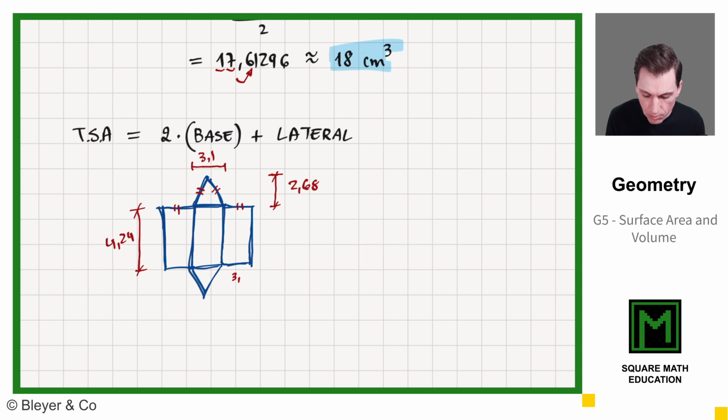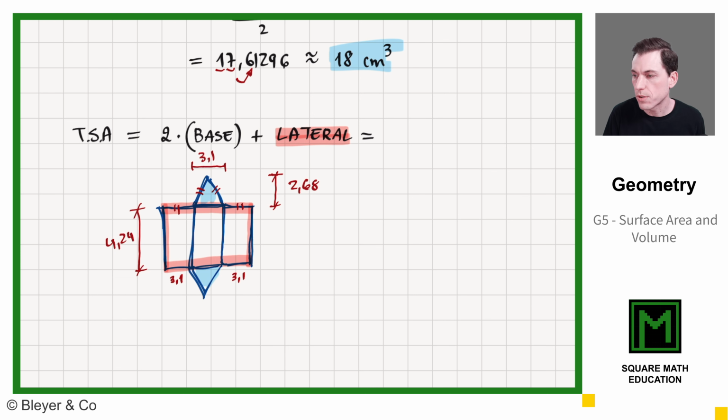So this is also 3.1, 3.1. In a similar way as we approached the rectangular prism, we are going to make a big lateral, looking at all these 3 faces combined as a single lateral, and then we add the 2 bases, the top base and the bottom base.